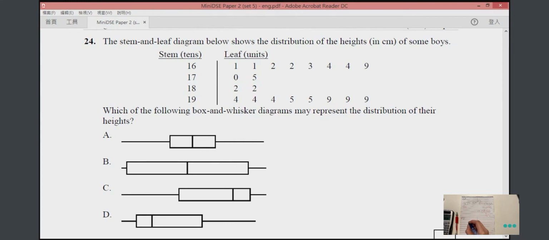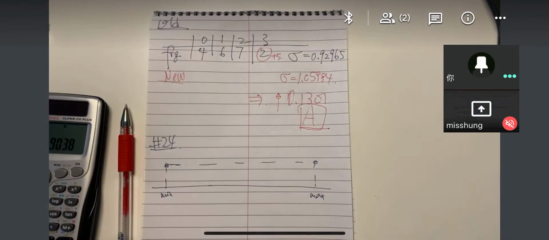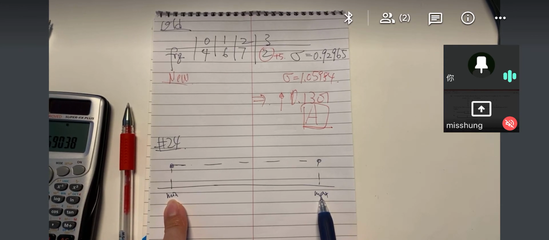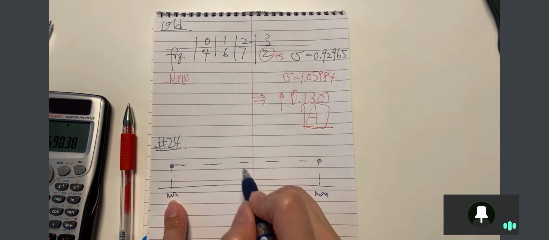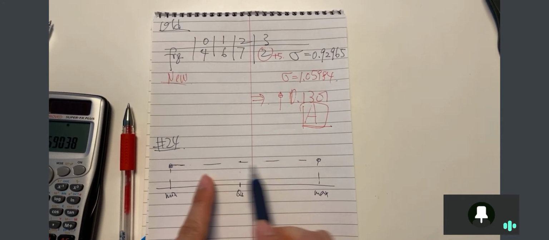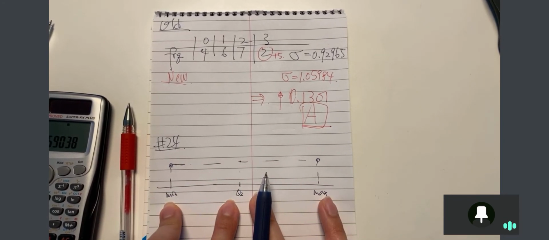When you draw the diagram, this is the minimum and this is the maximum. When you compare the minimum and maximum and then find the Q2, you can see that the Q2 is very close to the middle between minimum and maximum.